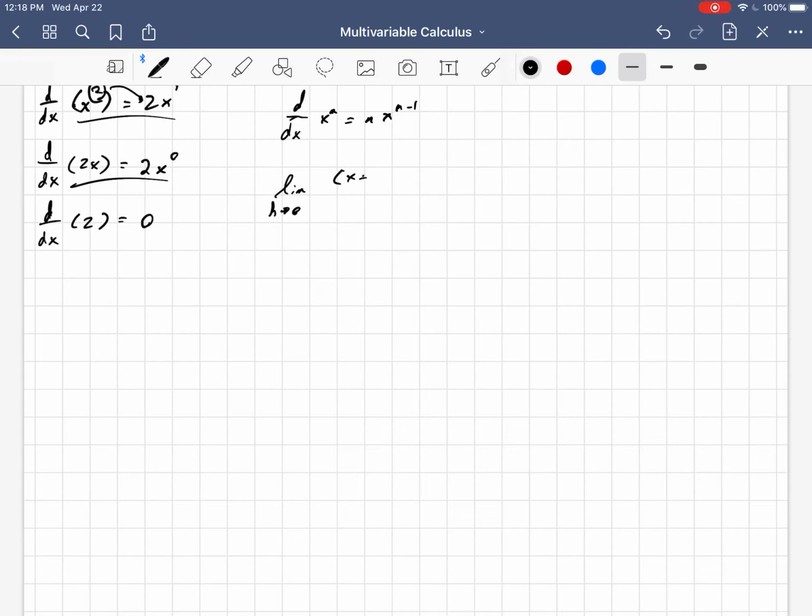So let me try to give some reason for why this might be. If we were to plug this into the limit definition of the derivative, we get the limit as h goes to 0 of x plus h to the n minus x to the n over h, which really the only hard part is expanding this with binomial theorem, not multinomial theorem.